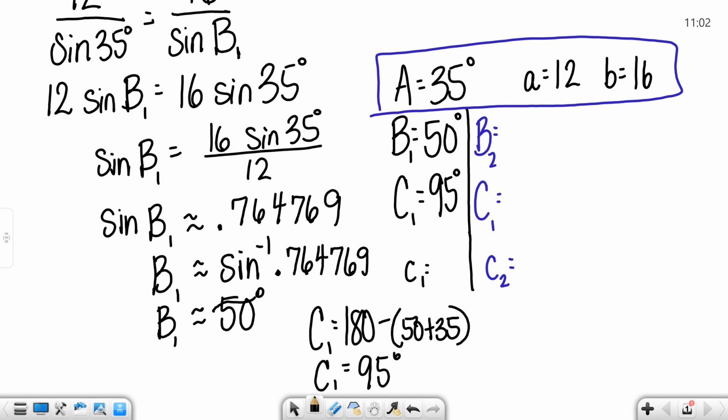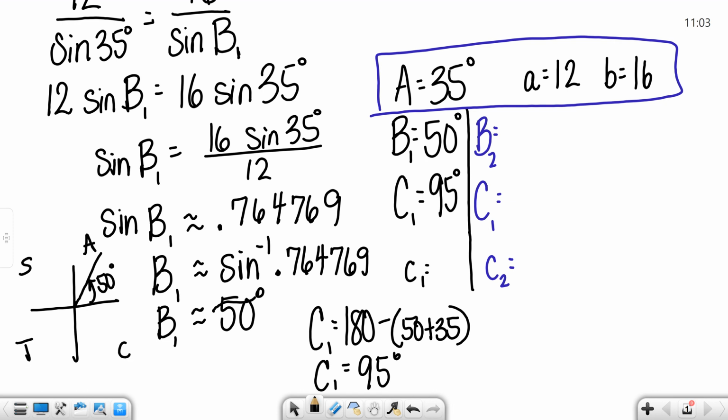I don't know the other big B or big C just yet. Here's what I do know though. I found that B was 50 degrees. Let's think about that. That is in the first quadrant, right? 50 degrees would be about right here. Now we know that sine repeats itself.